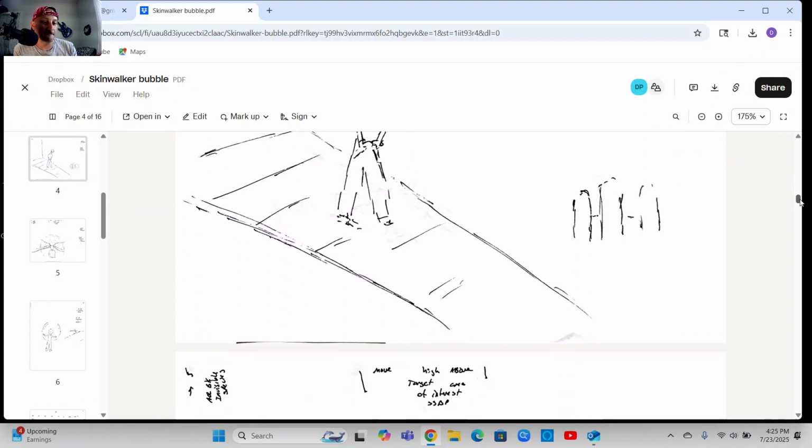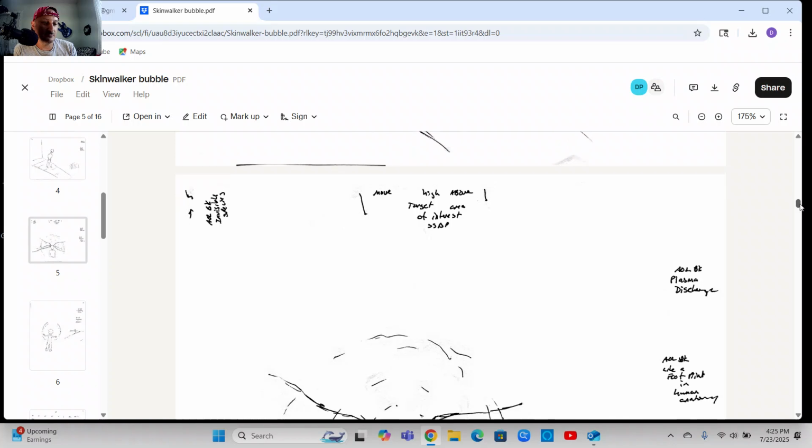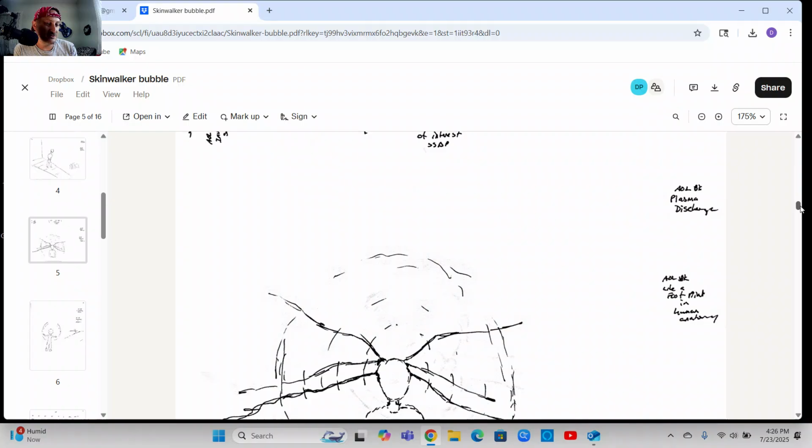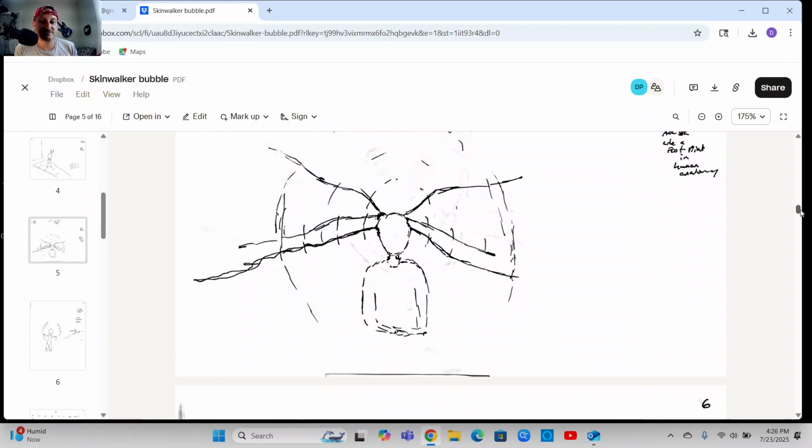It was weird. AOL break, plasma discharge. AOL break like a footprint in human anatomy. Then I have this being hooked up to this machine, for lack of a better word, connected to this person's head, and then this energy being projected out.